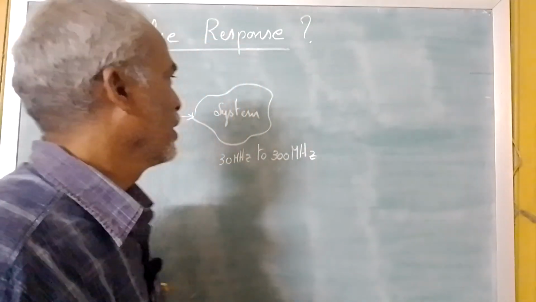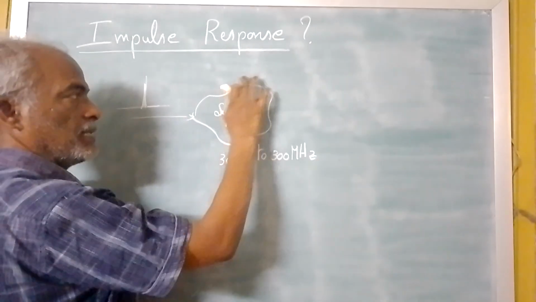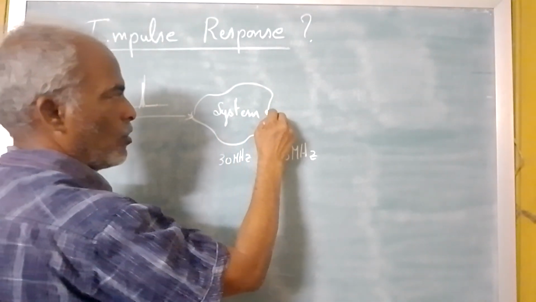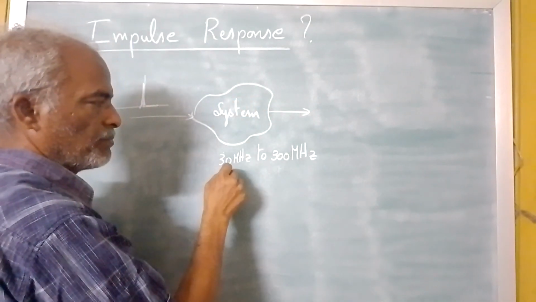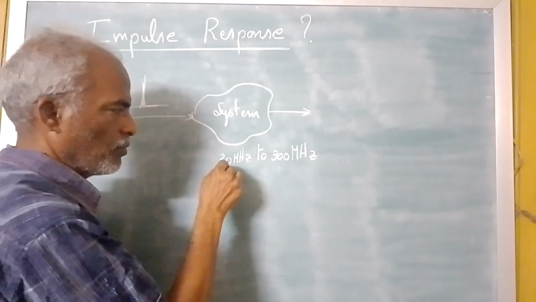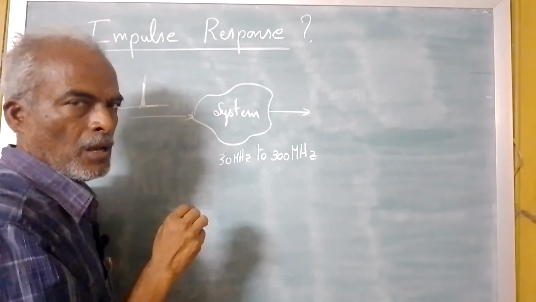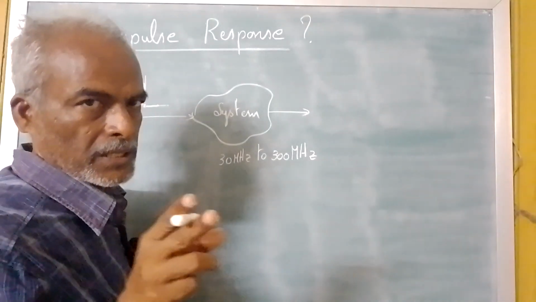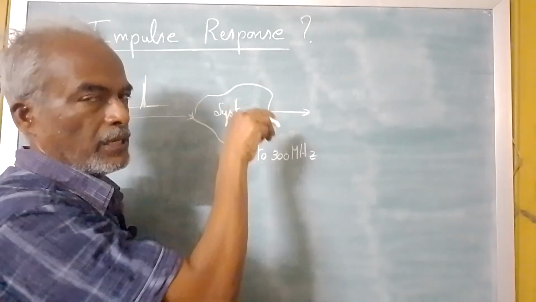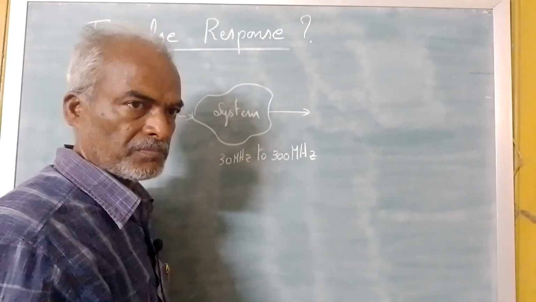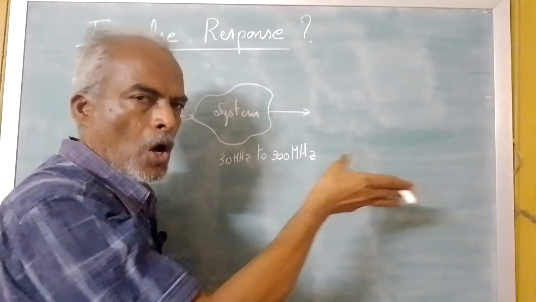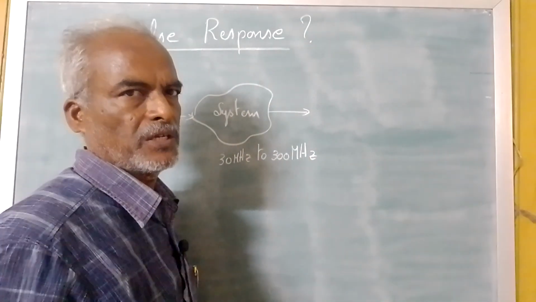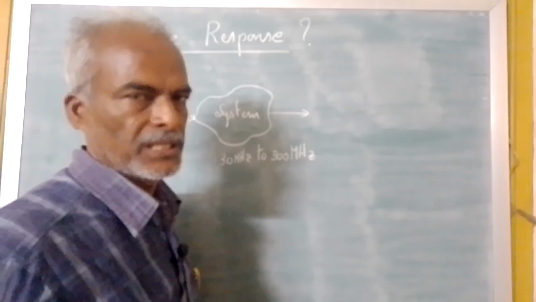Now at the system input you have all the frequencies, but at the output, because the system bandwidth is from 30 megahertz to 300 megahertz, it allows only these frequencies and rejects all other frequencies. We can evaluate this only when we give the impulse to the system, because we are impinging all the frequencies, but the system allows only this range. So it acts as a band pass filter.